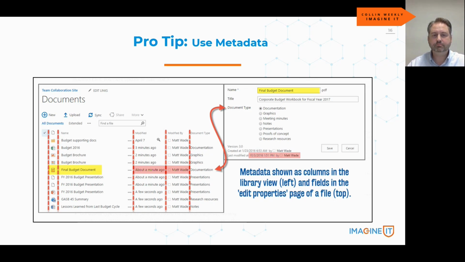When somebody saves the file into the folder, you can require people to say whether this is a regular document, or a presentation, or research notes. You can see some of those document types in the far right column on the box on the left. So this is an example of using metadata, giving people options, and starting to use it as a kind of lightweight document management system, right?